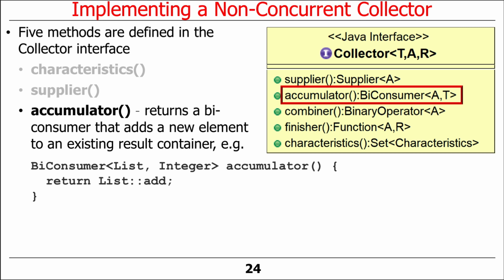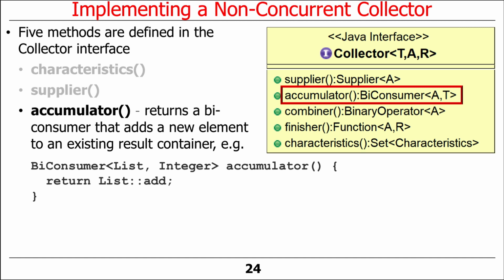Accumulator is the thing that takes the next element in the stream and adds it to the mutable result container. So it's going to accumulate the results. This is what the method looks like. Accumulator is basically a factory method that returns a BiConsumer that when called will add the next element, in this case an integer perhaps, to whatever the container is, which in this case is a list. In this case, you can see we're just saying return list::add.